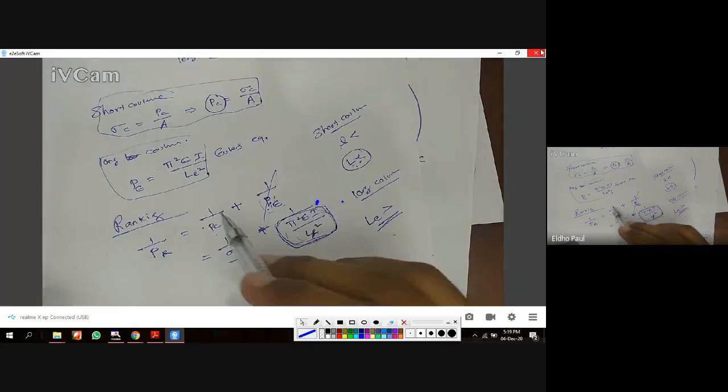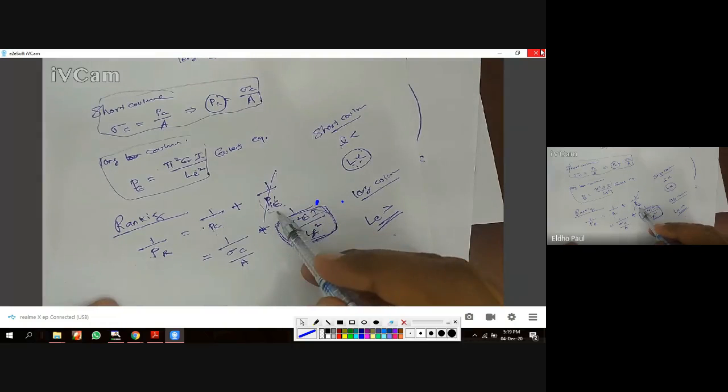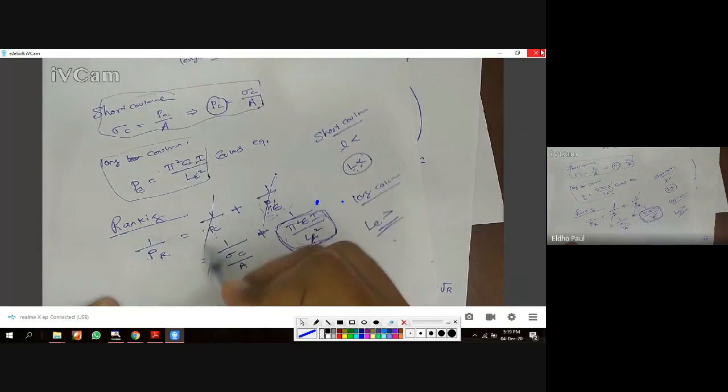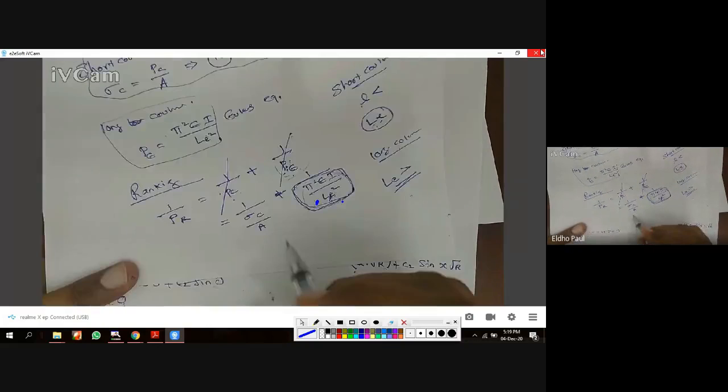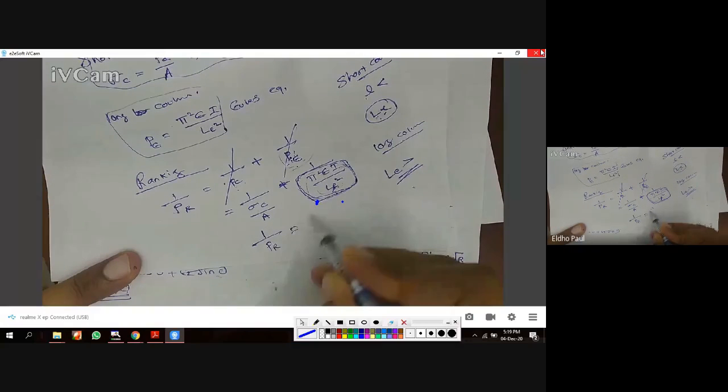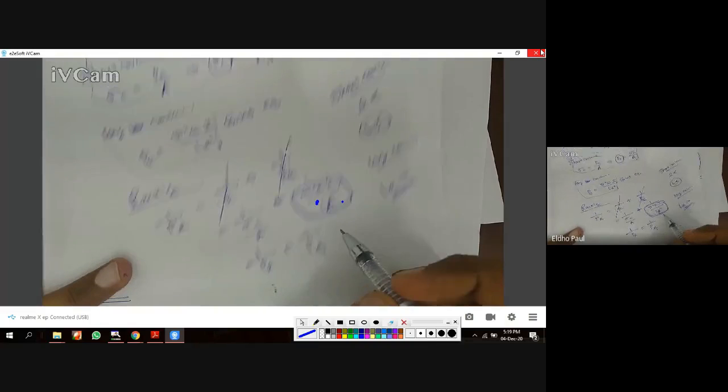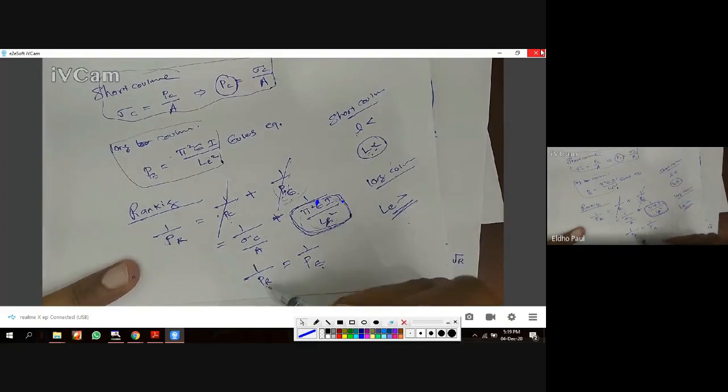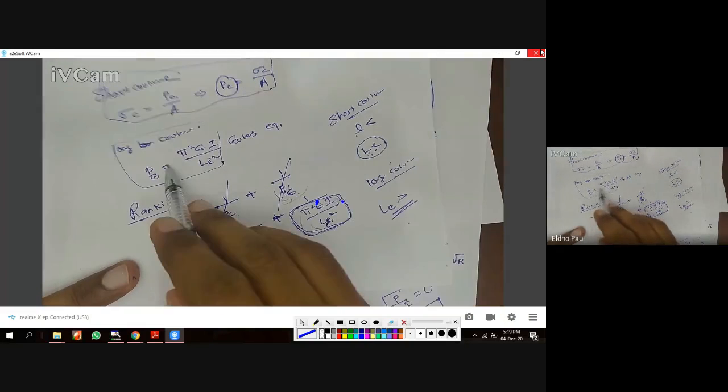So when we compare 1 by PC and 1 by PE, 1 by PE is a very high value, so we can neglect 1 by PC. So we get 1 by PR equal to 1 by PE, or PR equal to PE.